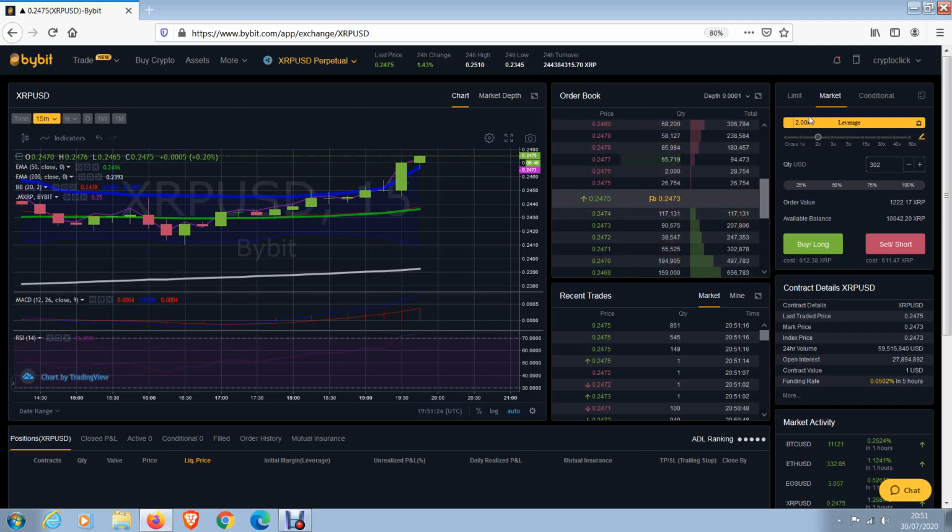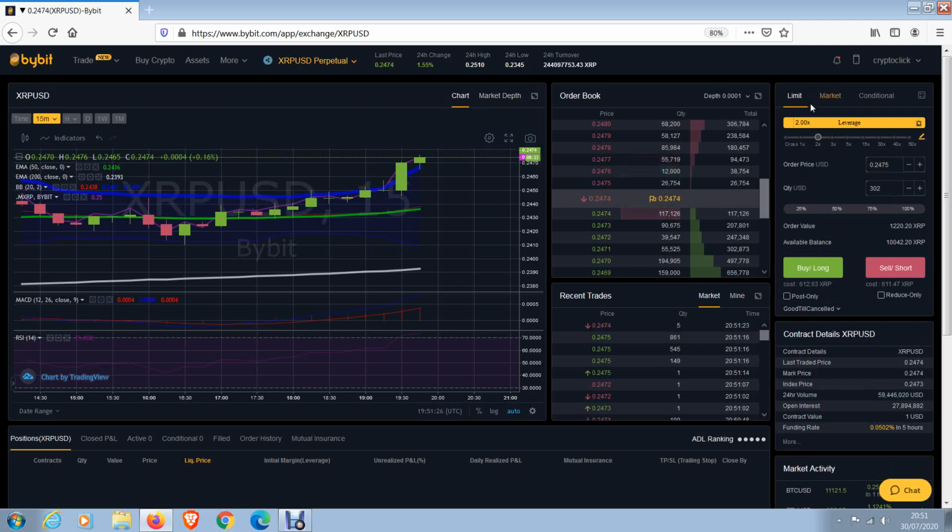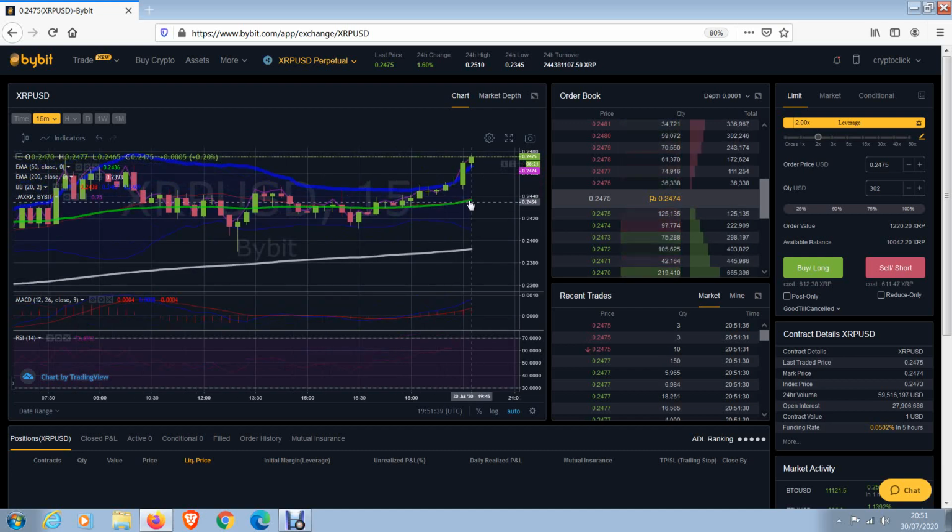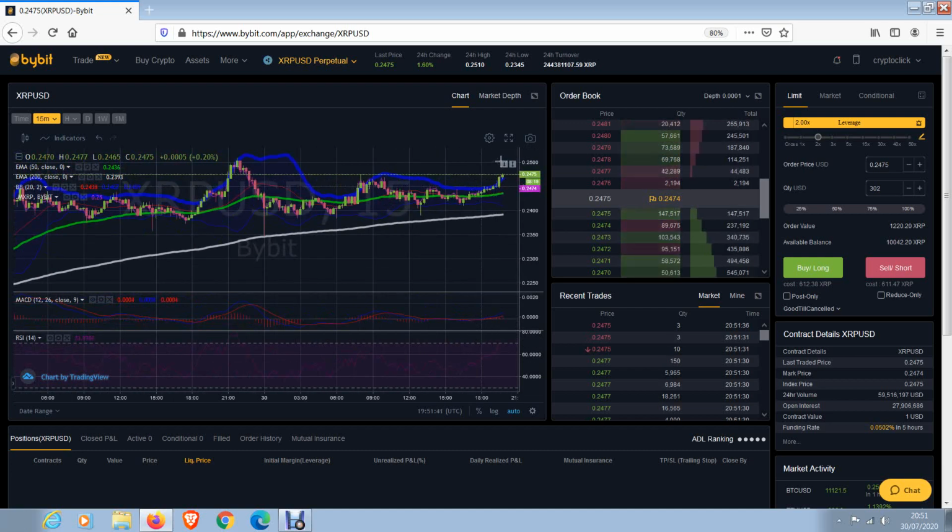So just very briefly, the difference that we've got here, we've got the limit order. A limit order is where you decide that you want to go into an offer, you want to buy a certain amount, or go long or go short depending on where it is at the time. So if you think you have a fix on the market, if I believe XRP is going to launch after it reaches 25 cent, I would write in here my order price, which would be 25 cent.